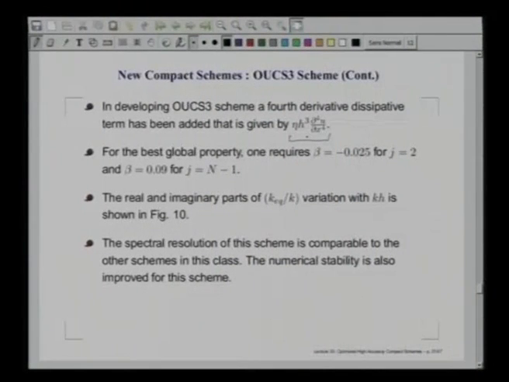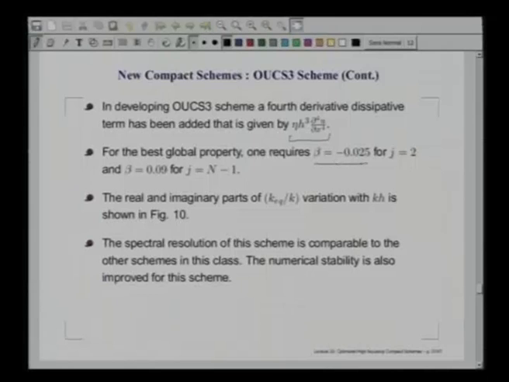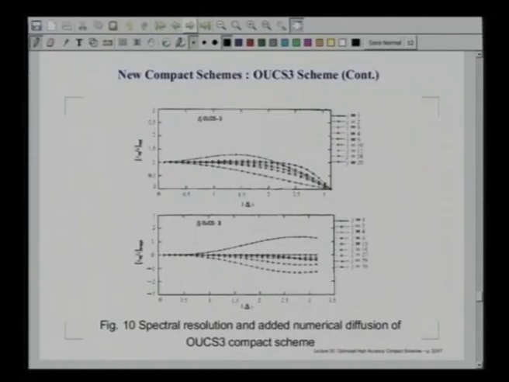And for best global properties, remember that we had the closure scheme for j equal to 2 and j equal to n minus 1. So, here we figured out, if we take beta equal to minus 0.025 for j equal to 2 and beta equal to plus 0.09 for j equal to n minus 1, we get a very good scheme, and the real and imaginary parts are shown here.